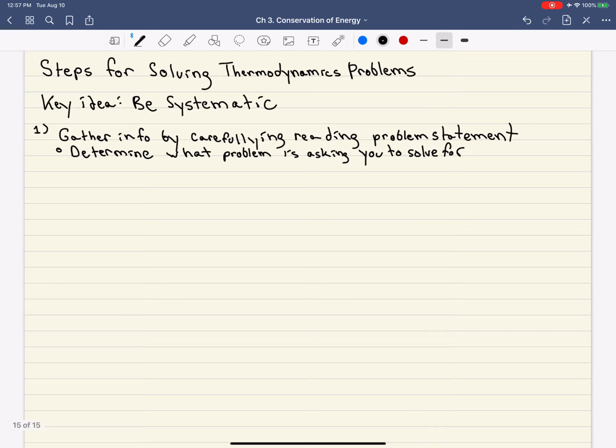Okay? And as you're reading, you should also identify any important properties, quantities, or even qualities of the system that will aid you in your analysis. Right?